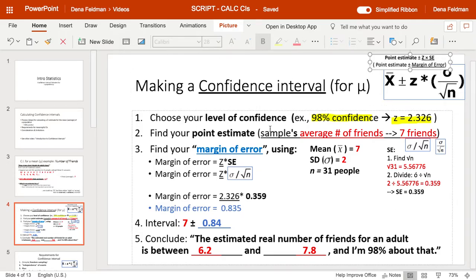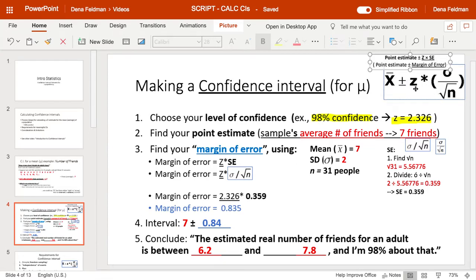So here, for example, suppose I decided I'm trying to make an interval of 98% confidence. Now you can look up in any statistical table the z number, the z value for 98% confidence, and the z number, when you look it up, here it's 2.326. So once I know this, and I start to think about the other pieces needed for this calculation, I need, looking at it, 1, 2, 3, 4 pieces.